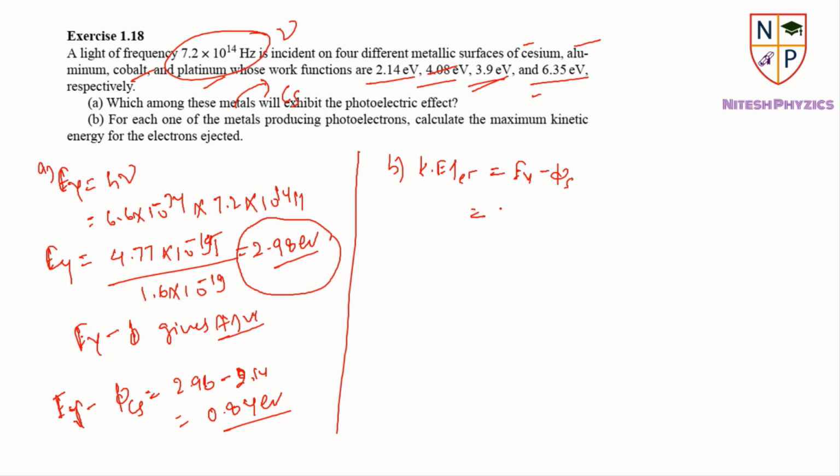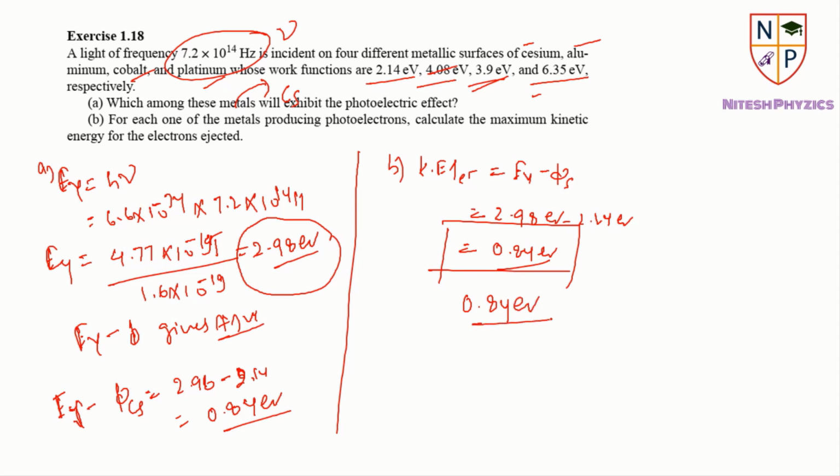Calculate 2.98 electron volt minus 2.14 electron volt. This will be around 0.84 electron volt. So the maximum kinetic energy will be 0.84 electron volt. I hope you understand this question.